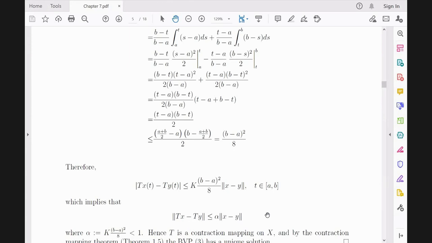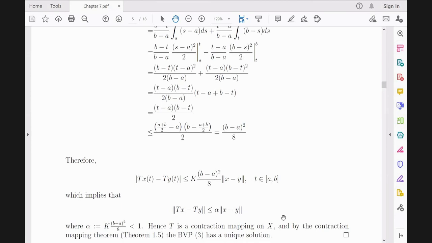So T is a contraction. So by the contraction mapping theorem, T has a unique fixed point. So the integral equation has a unique solution. So you can say the given boundary value problem also has a unique solution.